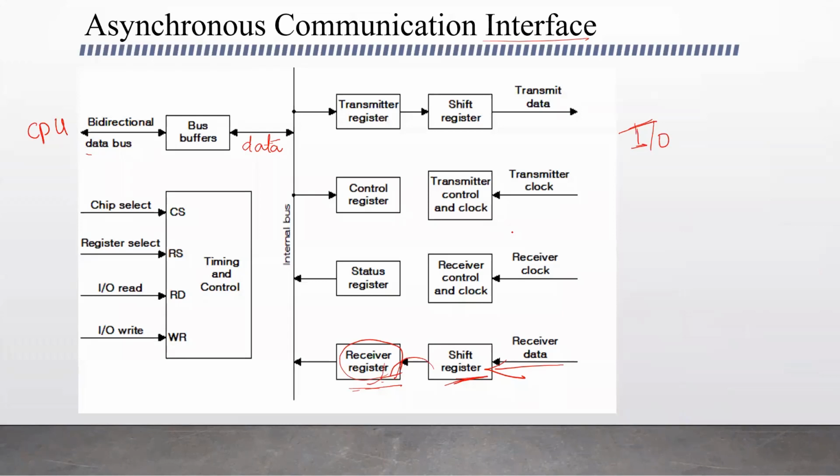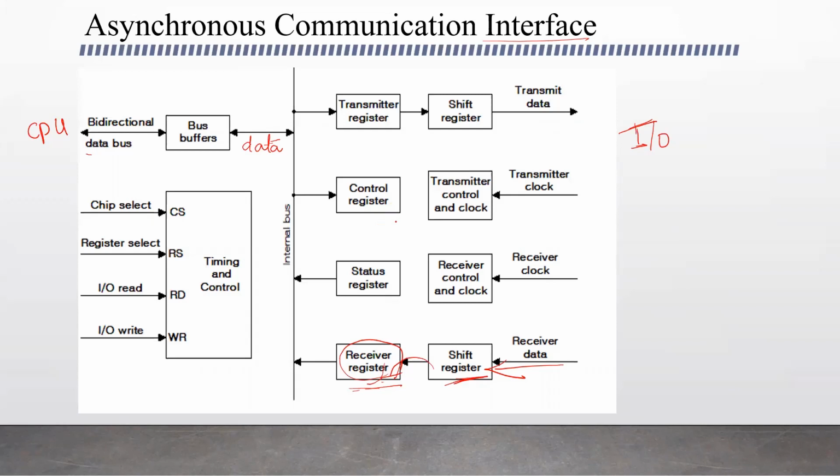We have seen the asynchronous communication interface. The transmitter register is used to transfer data from the CPU to the other units. The shift register shifts the data serially to the destination site. The control register stores the control byte that determines the mode of transmission.